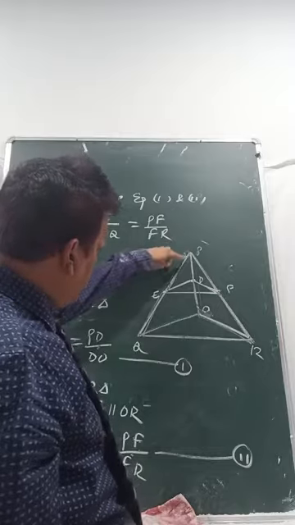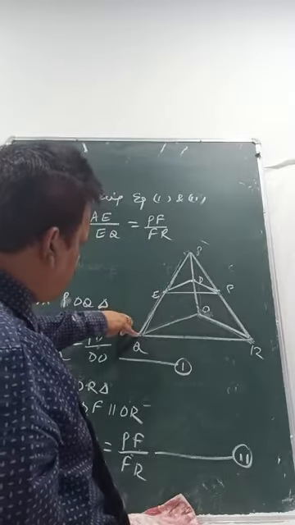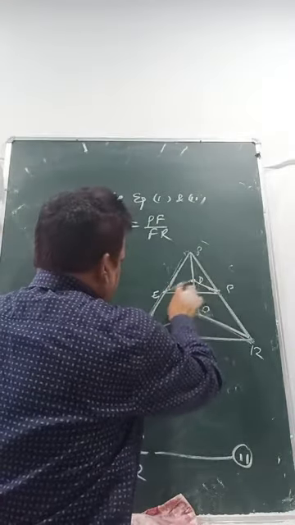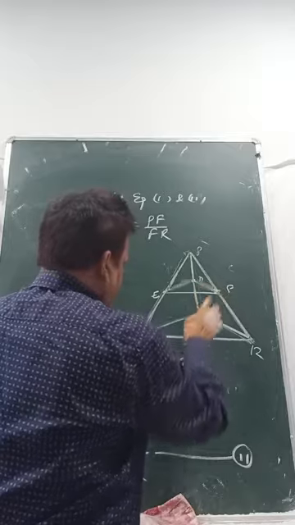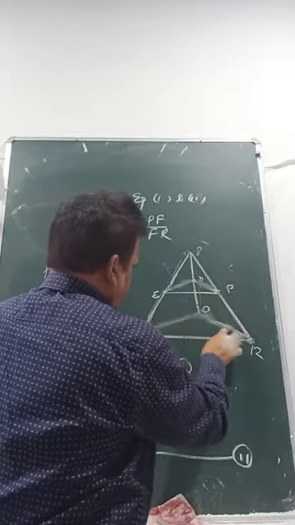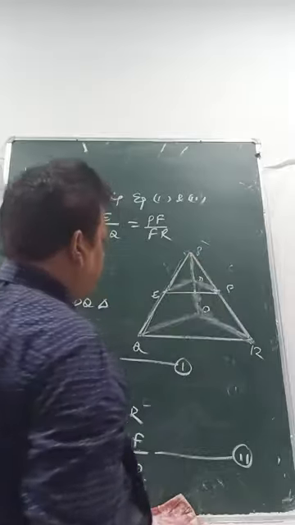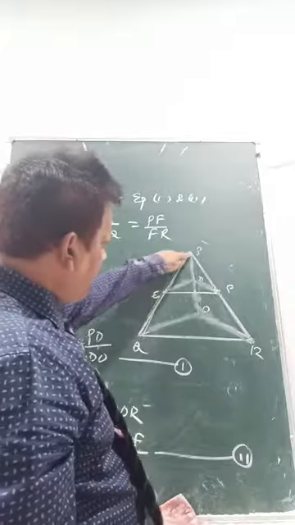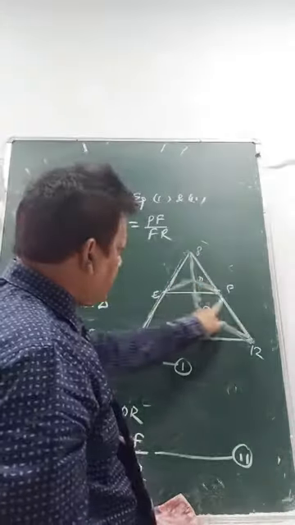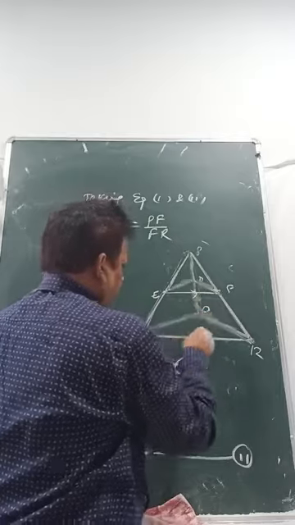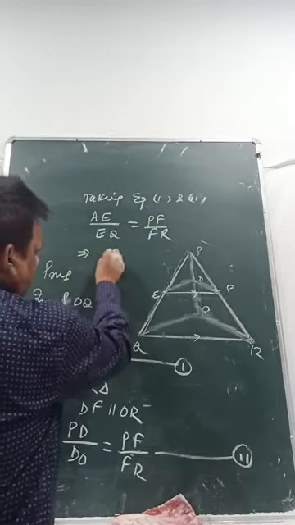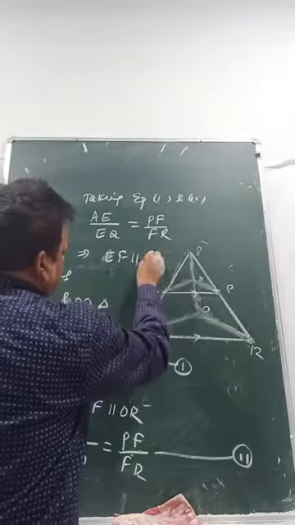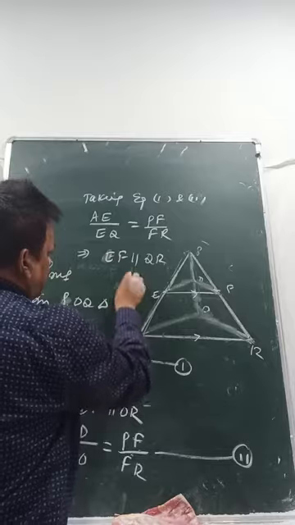If I draw this part, you can understand now. Now check: PE by EQ equals PF by FR. That means this is parallel to this one. So this implies EF is parallel to QR. This is what you want to prove.